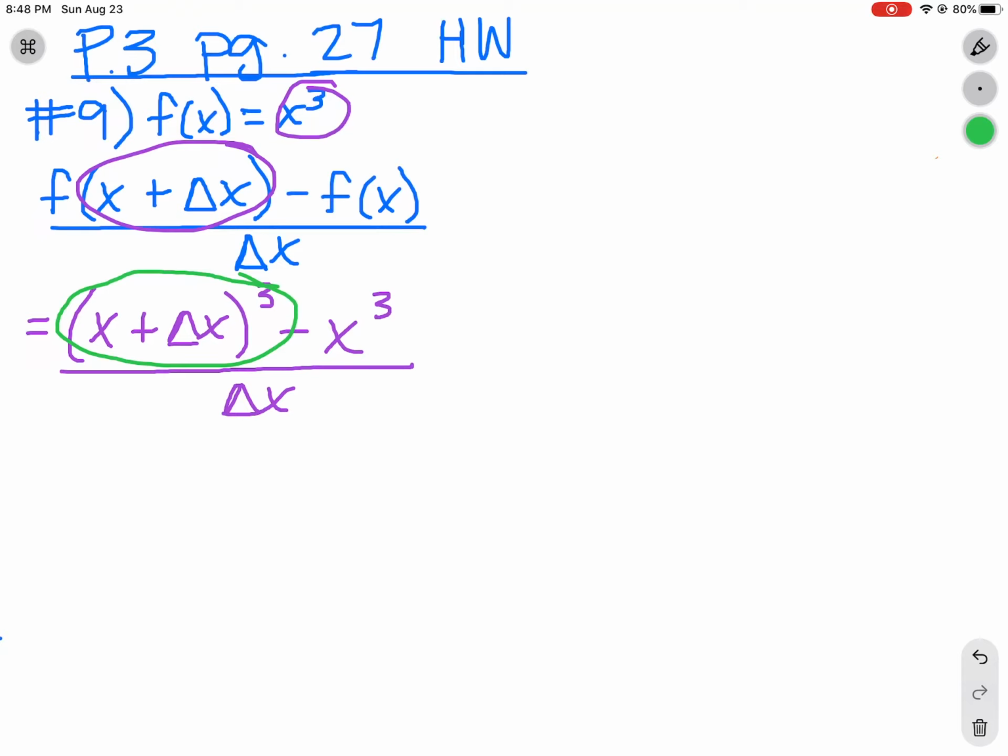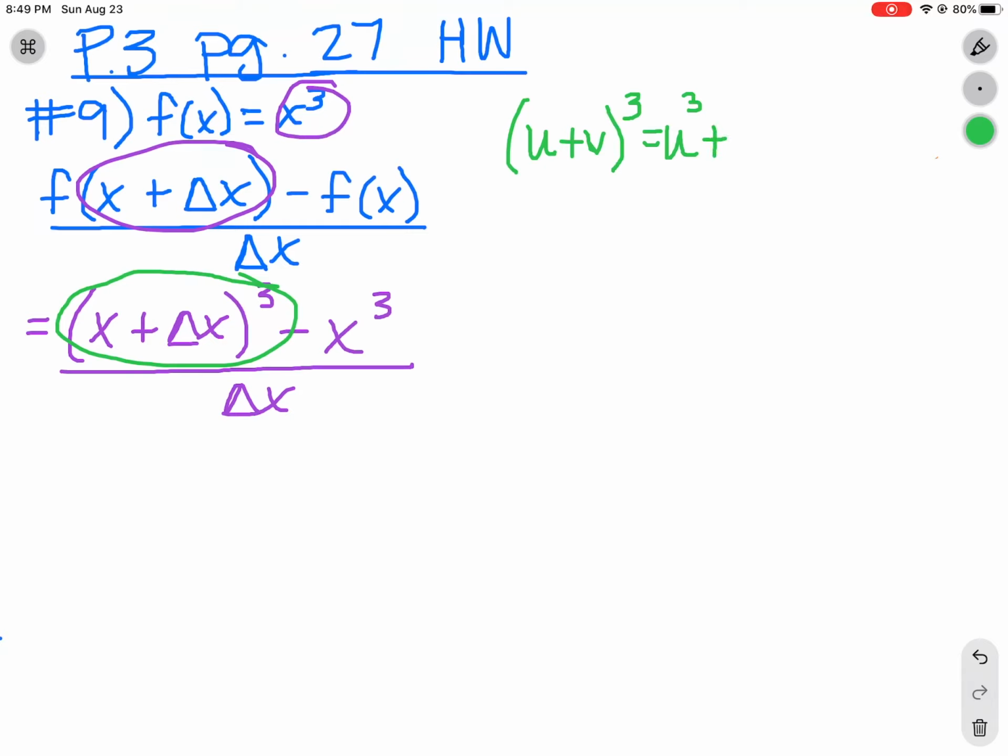If you remember from Algebra 2 and then from college algebra, we had a special pattern when we were cubing the sum or differences of binomials. So this is a sum of a binomial, 2 terms. When we are taking the cube of a sum of a binomial, we first cube the first term.